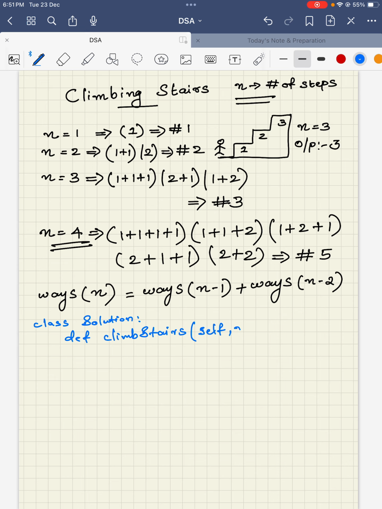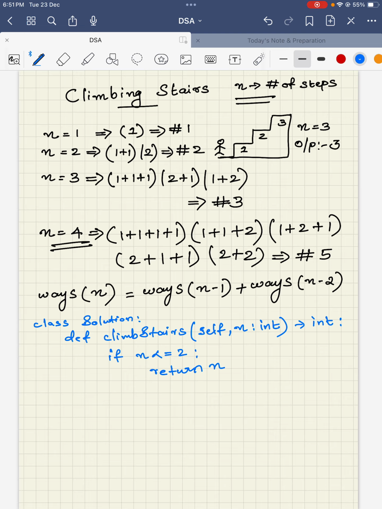What is given? n is given, that's the number of steps, and we have to return an integer. The integer is the number of ways. Simply, if n is less than or equal to 2, we can just return n itself. So if n less than or equal to 2, return n.